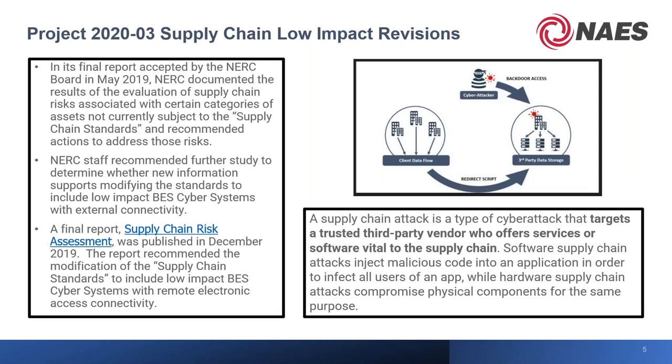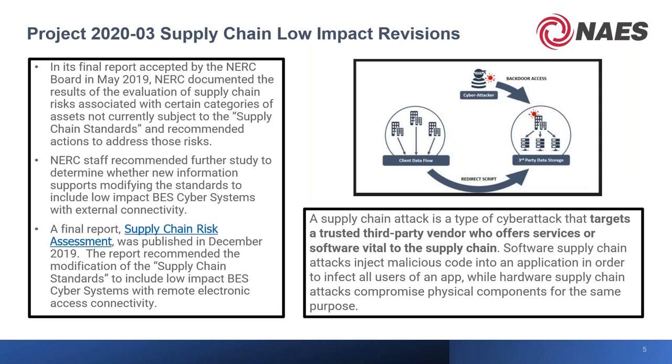So they did a study. The final report is highlighted here, the supply chain risk assessment, which will be available in the handout section of this presentation. But essentially it said, we need to do something about how to protect low impact. So they focused in on the supply chain attack vector and what low impact BCS owners could do to protect themselves.